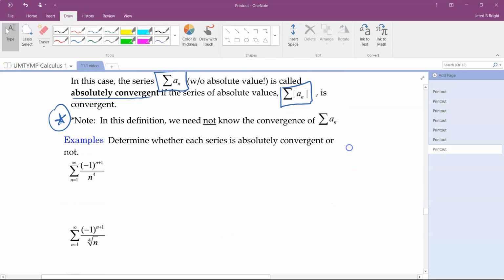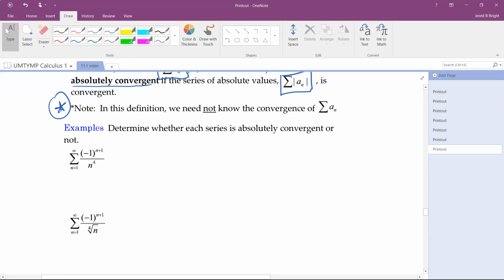Okay, so we want to look at each of these examples here. Imagine here's our entire sequence. If we call this a_n, and look at the absolute value of a_n, that would be the absolute value of (-1)^(n+1) over n to the fourth.